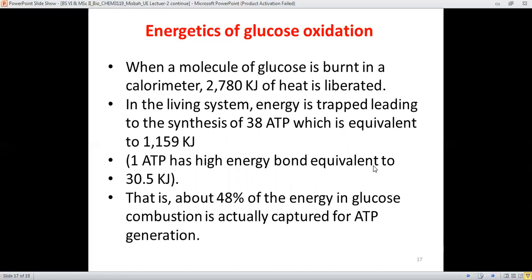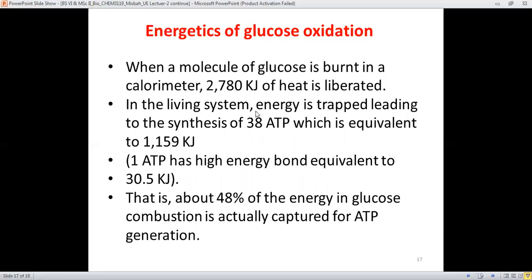But if the same molecule of glucose is burnt in the living system, then definitely energy is trapped. And how is it trapped? Definitely, it is trapped in the synthesis of ATP, and 38 ATPs are produced. And these 38 ATPs are equivalent to 1159 kilojoules of energy.